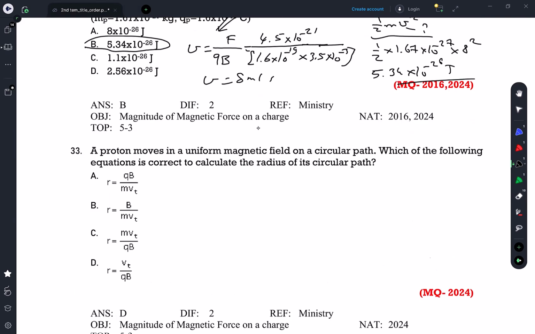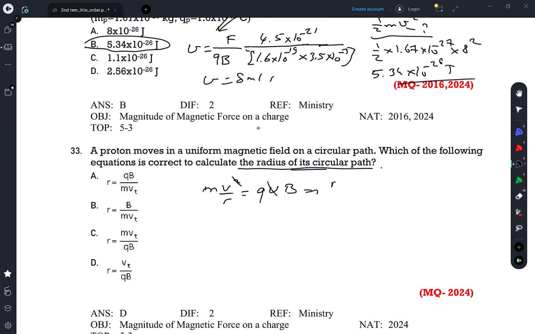Question number 33: a proton moves in a magnetic field in a circular path. The question is to calculate the radius of the circular path. When it's moving in a circular path, the centripetal force mv squared over r is equal to the magnetic force qvB. If I want to calculate the radius, this v squared and this v we will simplify.